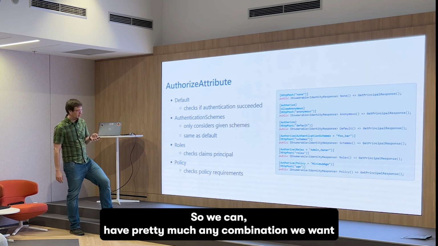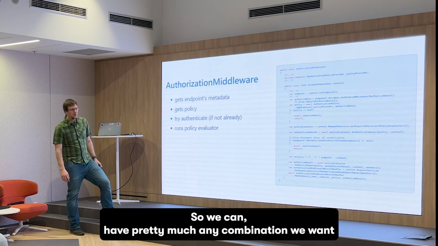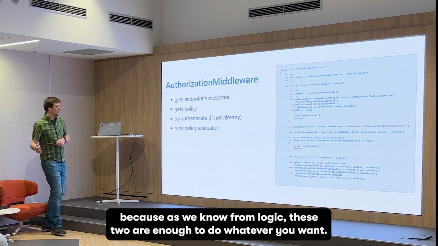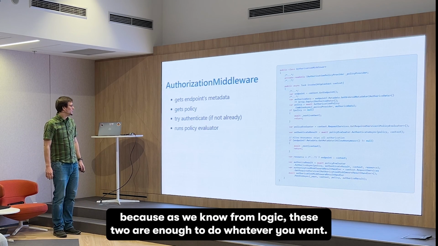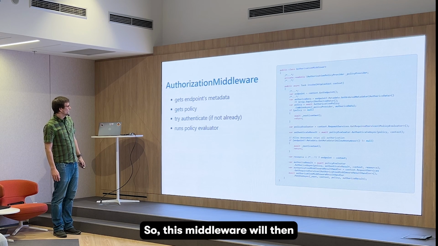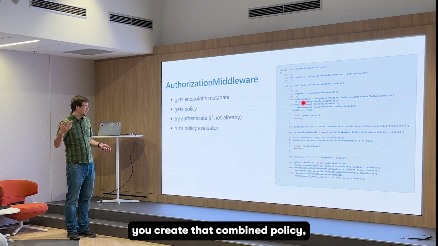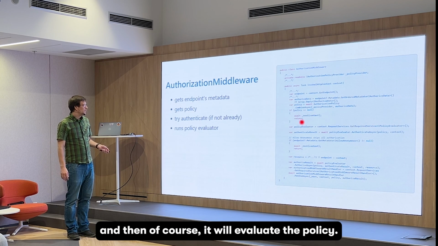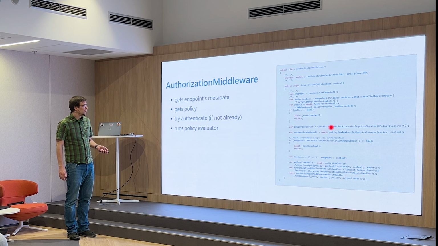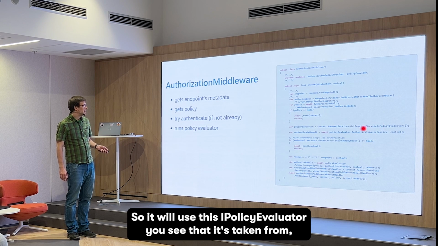So we can have pretty much any combination we want, because as we know from logic, these two are enough to do whatever you want. So this middleware will create that combined policy, and then of course it will evaluate the policy. It will use this IPolicyEvaluator.